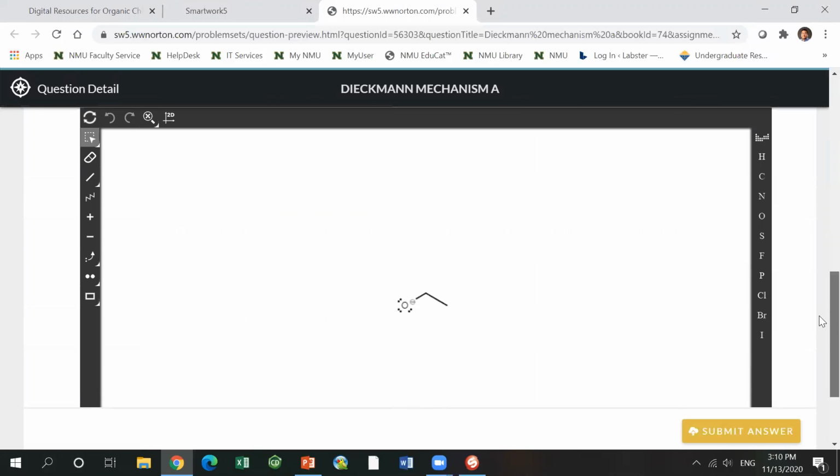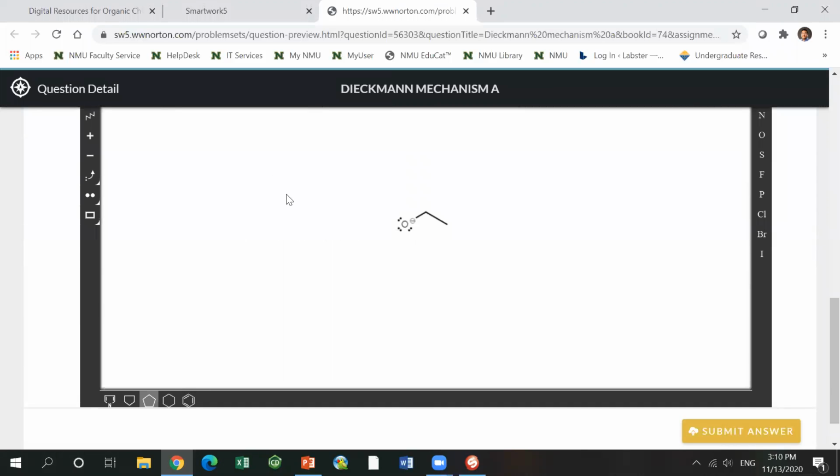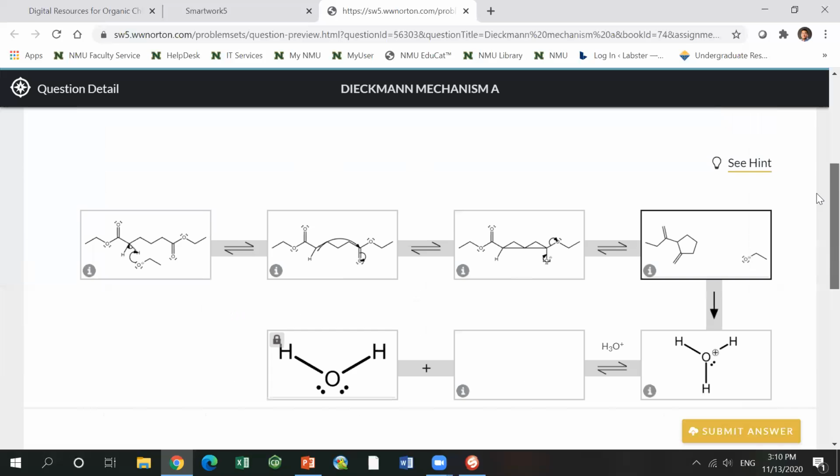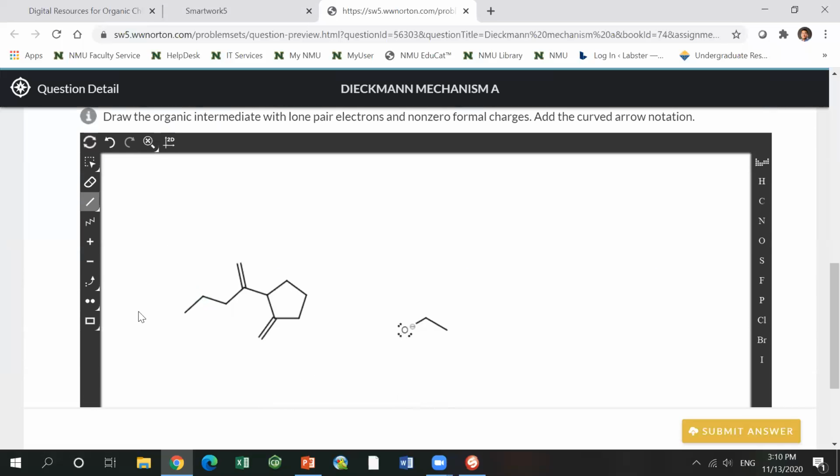That shouldn't be too hard to draw. That's the original alpha carbon, which attacks the carbonyl carbon, kicks off the leaving group, and then you add a lone pair. Don't forget to add a lone pair.